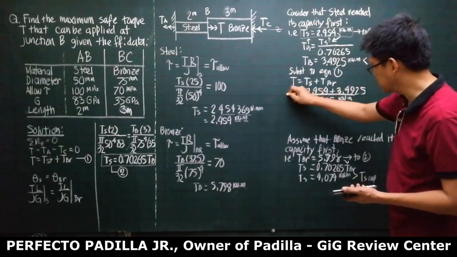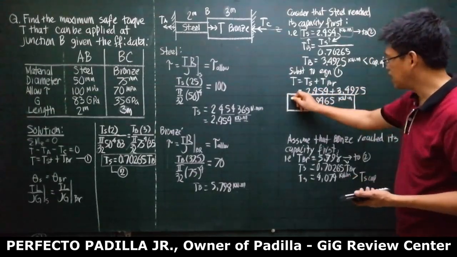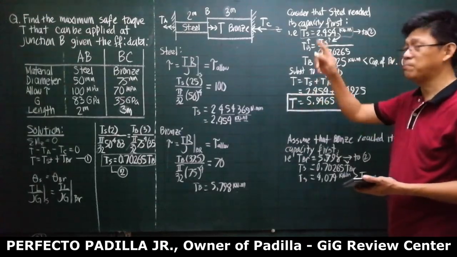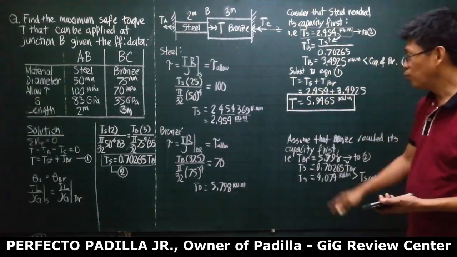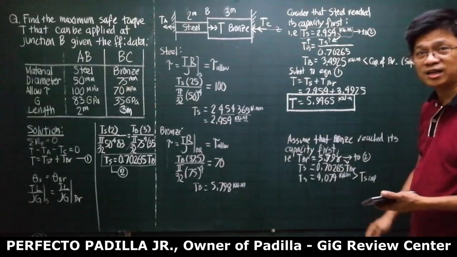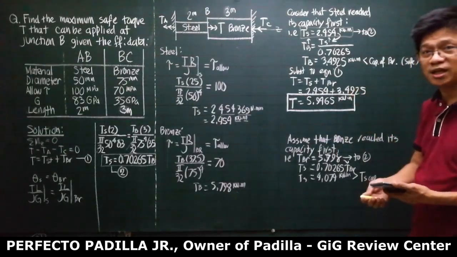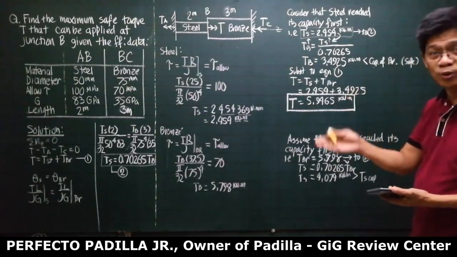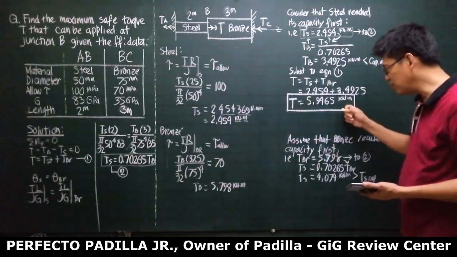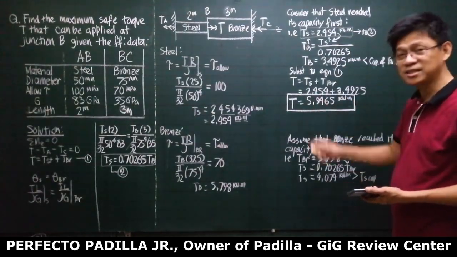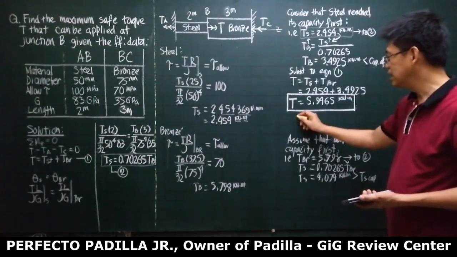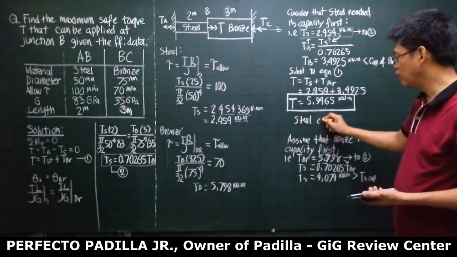So this is going to be the maximum torque that can be applied at the junction without exceeding any allowable stress of steel and bronze. And take note that in this situation, steel governs the design.